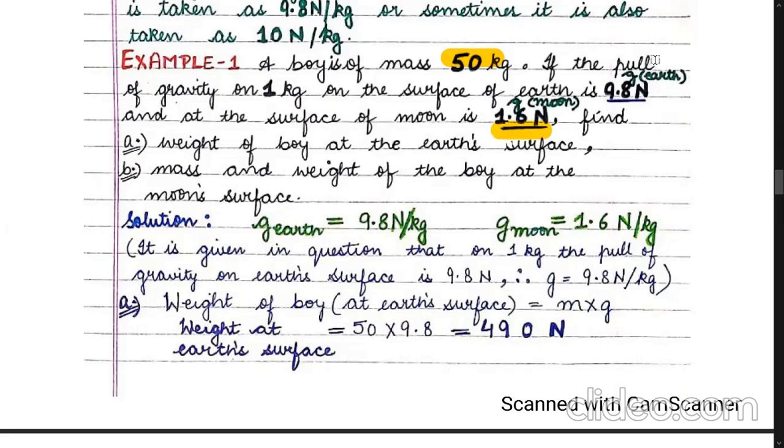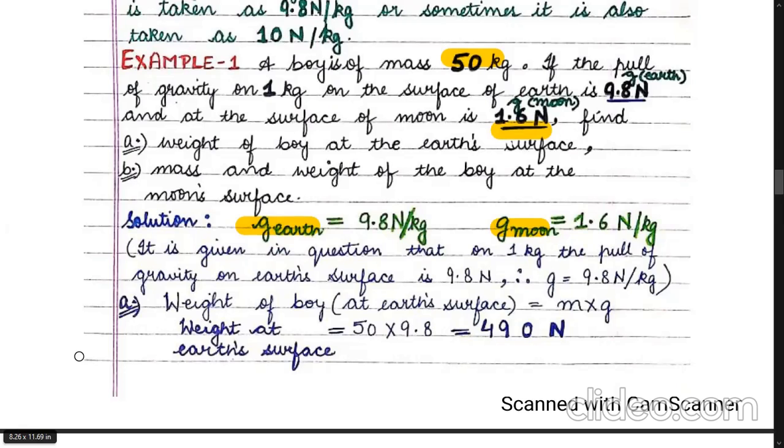So what are these values given, students? This is acceleration due to gravity on Earth, which is 9.8, and then acceleration due to gravity on moon is also given, that is 1.6.